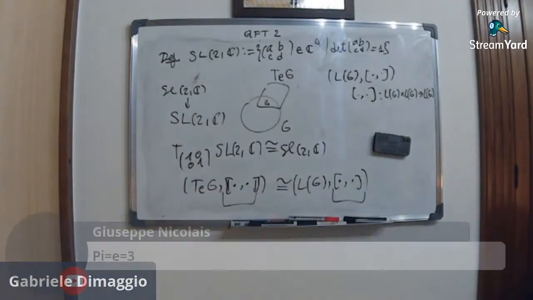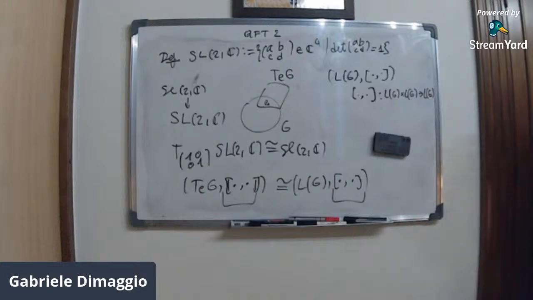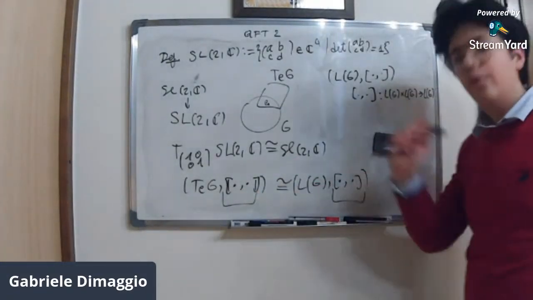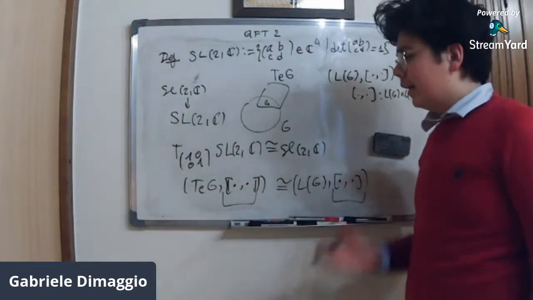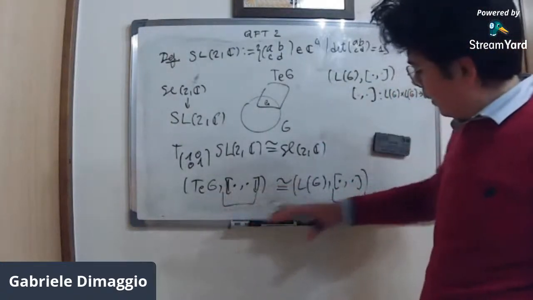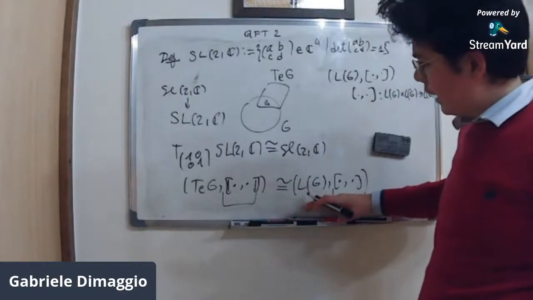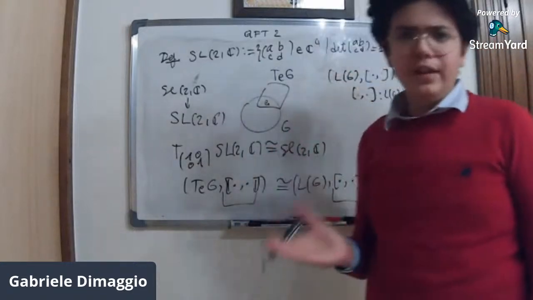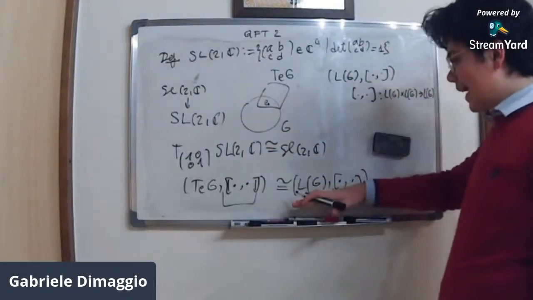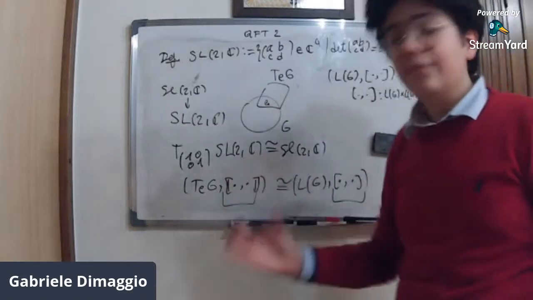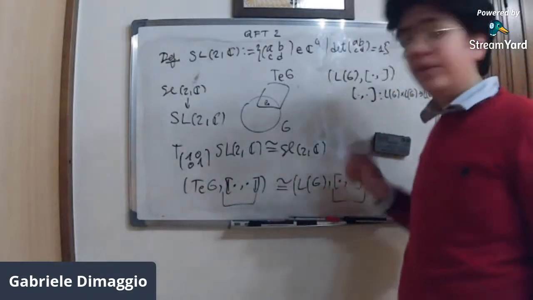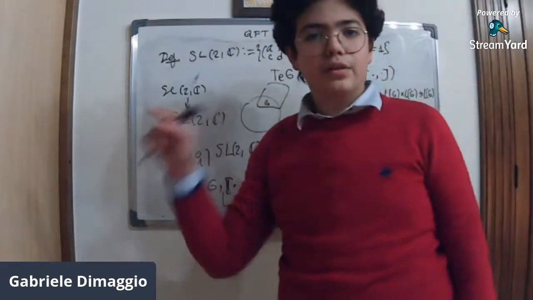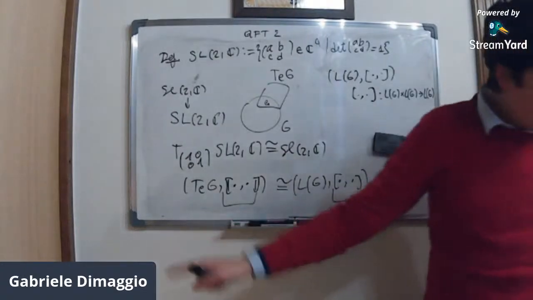Pi is equal to 3. So this commutator is equal to this? No, it isn't. Why? Because here I have vector fields, and here I have tangent vectors. The tangent vectors can be vector fields too, of course. But by definition, here I have vector fields. In fact, the Lie algebra is the set of all left invariant vector fields.